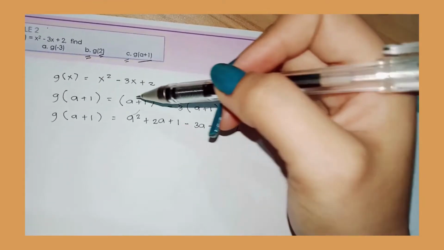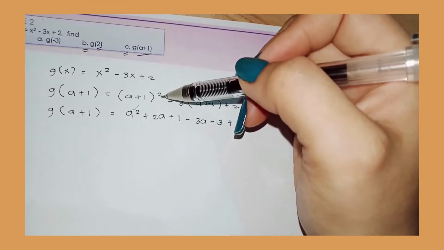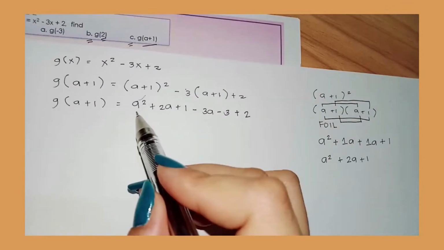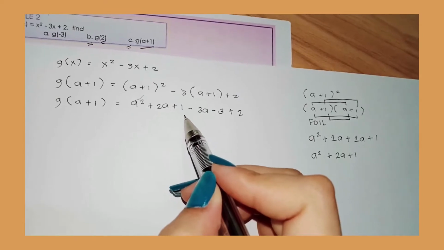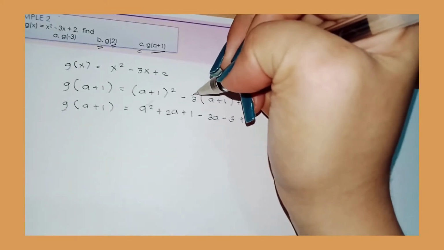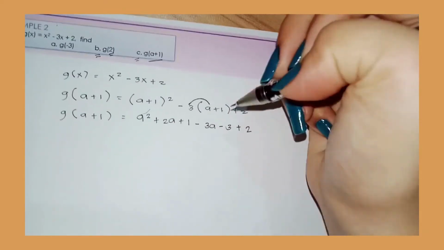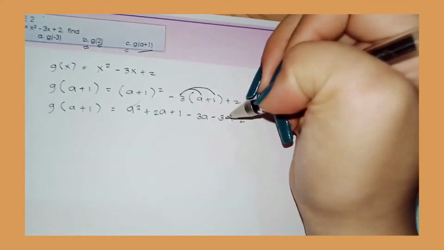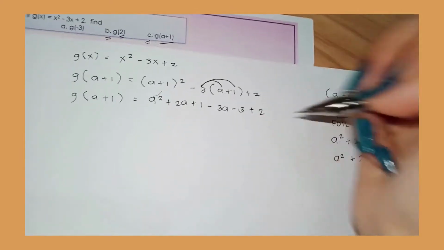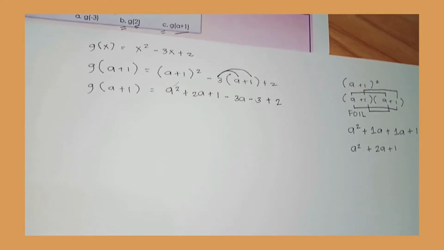And then, A plus 1 squared, FOIL method. Kaya ito yung nakuha natin. A squared plus 2A plus 1. And then, distribution. Negative 3 multiply to A is negative 3A. Negative 3 multiply to 1 is negative 3. Then, plus 2.